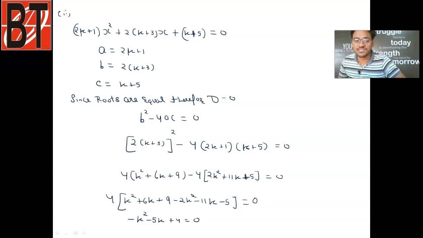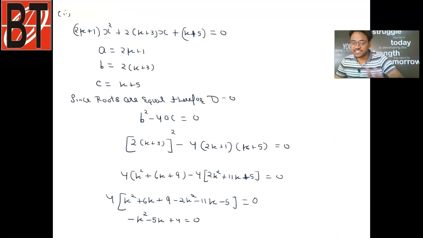No problem, students. Let's just multiply by minus 1 both the sides in order to make the coefficient of k square positive. Okay, and if you don't want to do that, it's up to you. Okay, see, I am multiplying by minus 1 because I want k square coefficient as positive. Okay, see students, it will become plus k square plus 5k, okay, and minus 4 is equal to 0.